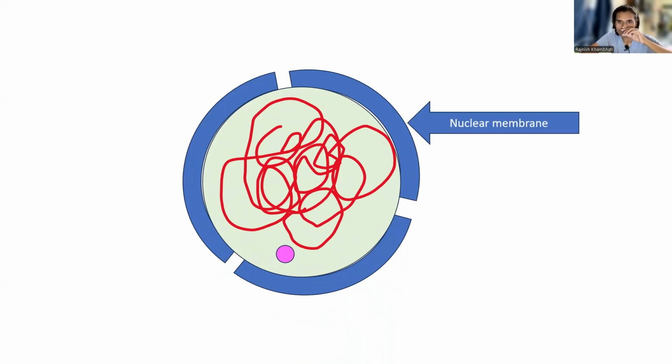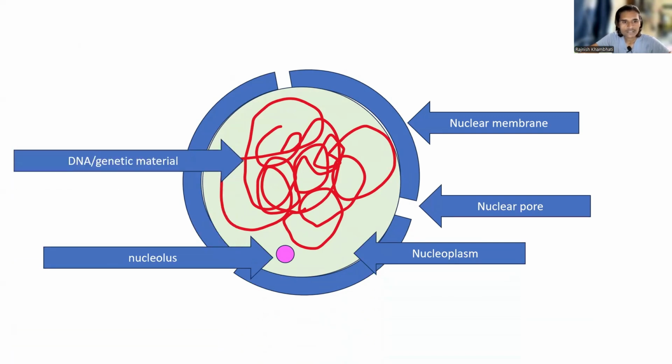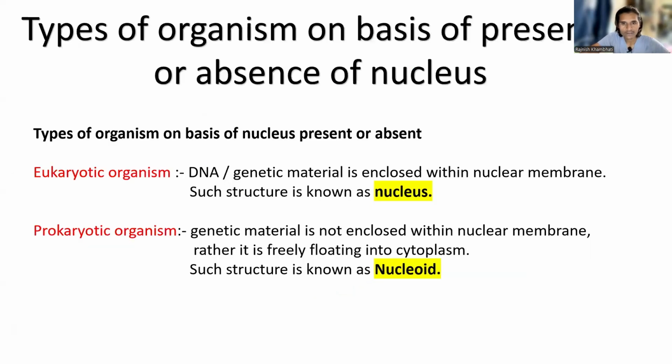Great. Now let's label it. This is the nuclear membrane, there are two membranes. This is the nuclear pore. This is the nucleoplasm. This is the nucleolus. This is the DNA or genetic material. Clear? So if you learn the diagram, you can write the whole theory.